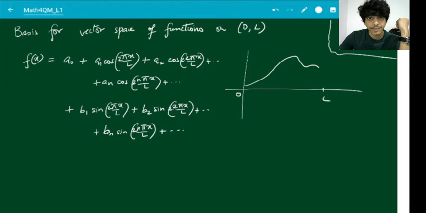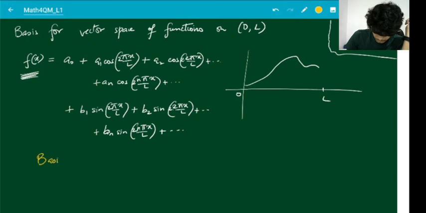So over here, basically what you're doing is you've written your function f, which is the vector in your vector space, in terms of these basis vectors. So here the basis is all of these cosines and all of these sines, and of course over here also 1.